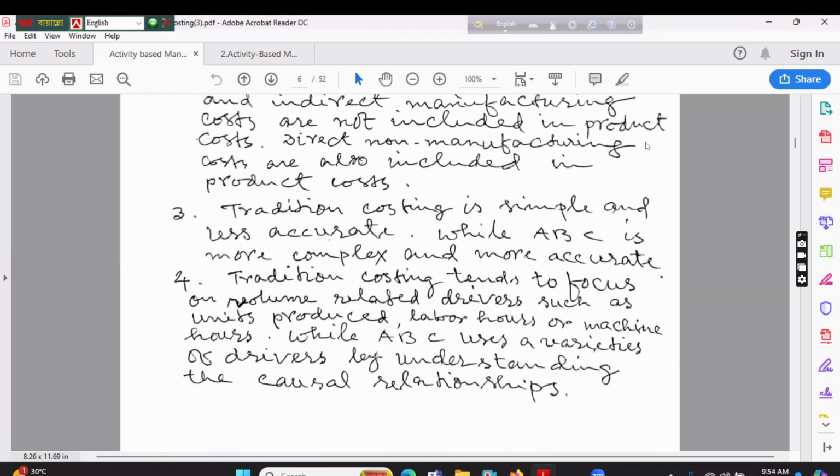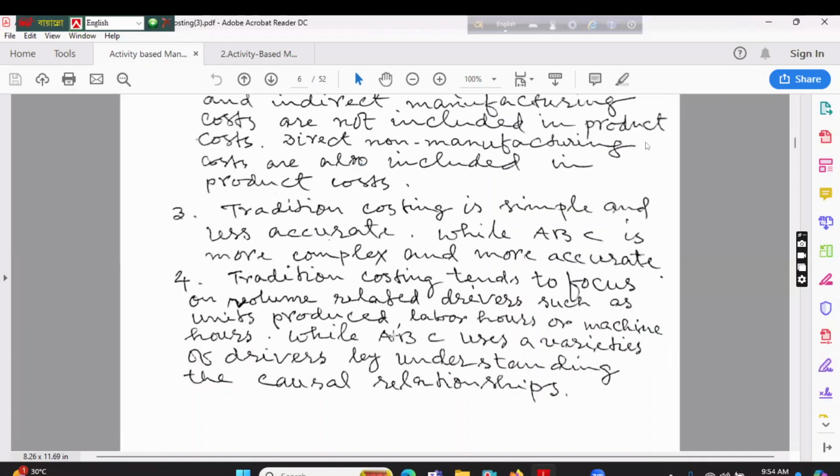Traditional costing tends to focus on volume-related drivers, such as units produced, labor hours, or machine hours.